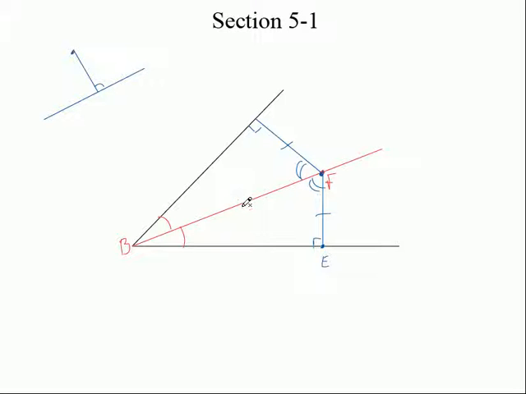You could go side angle side as well. So there's all kinds of ways, except for side side side. You couldn't use side side side.